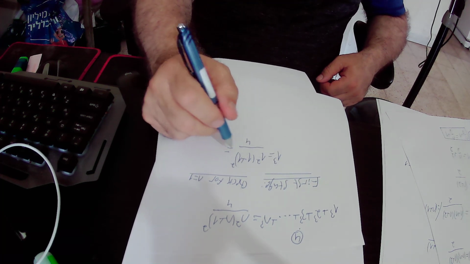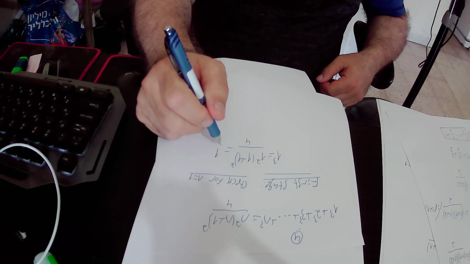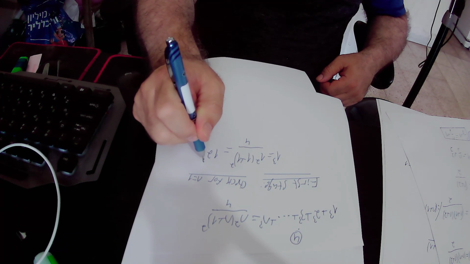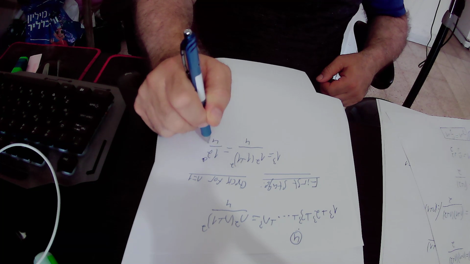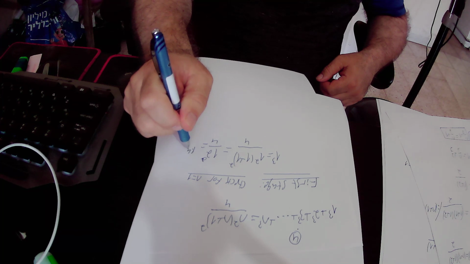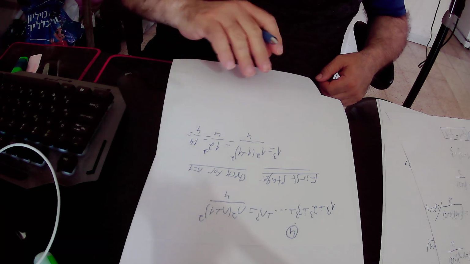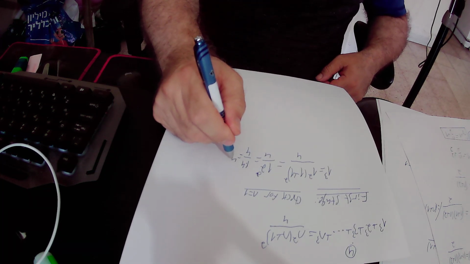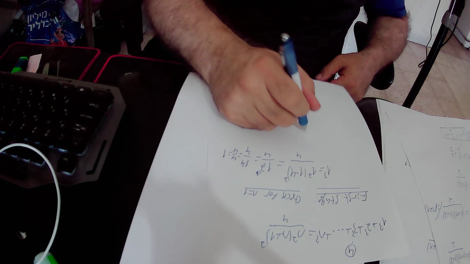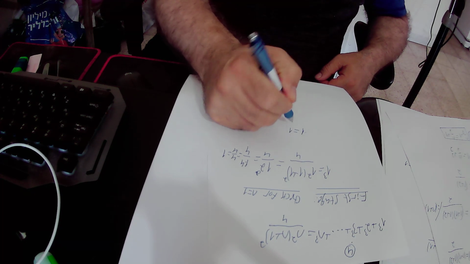1 squared is 1, 1 plus 1 is 2, so it is 2 squared all divided by 4. 2 squared is 4, so it is 1 times 4 divided by 4. 1 times 4 is 4, and 4 divided by 4 equals 1. So 1 to the power of 3, which is 1, equals 1.